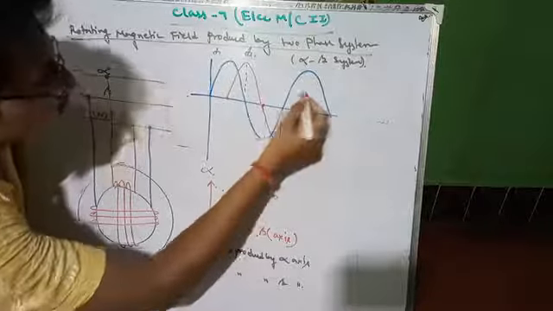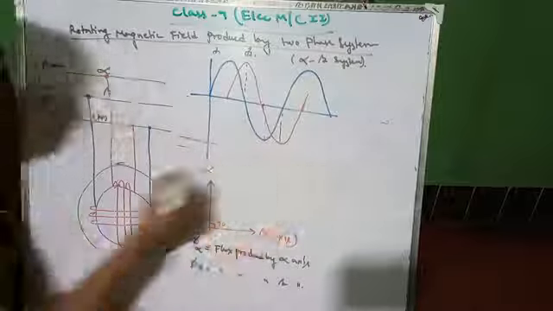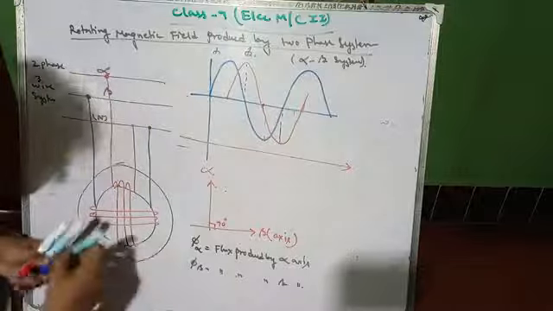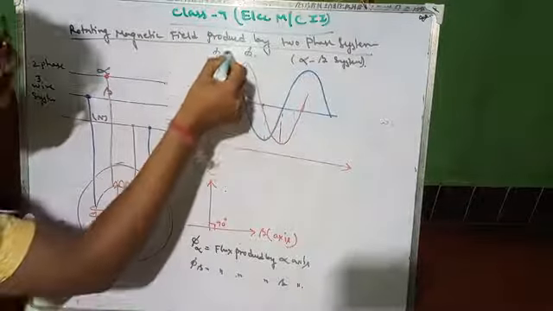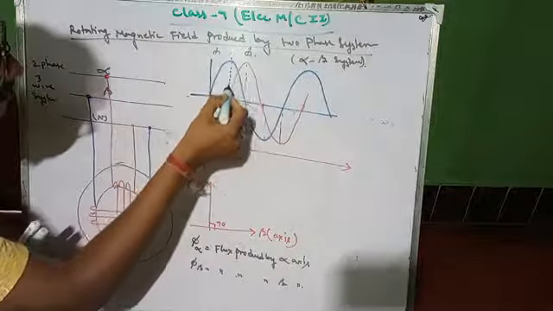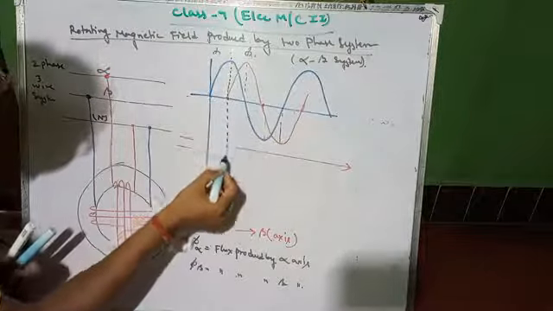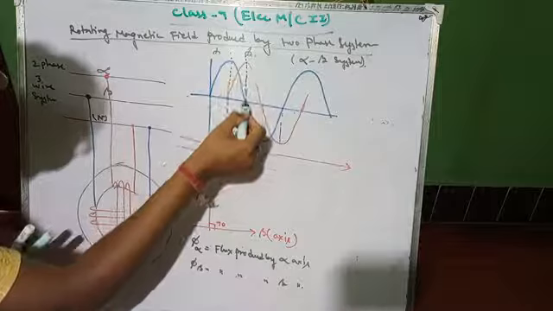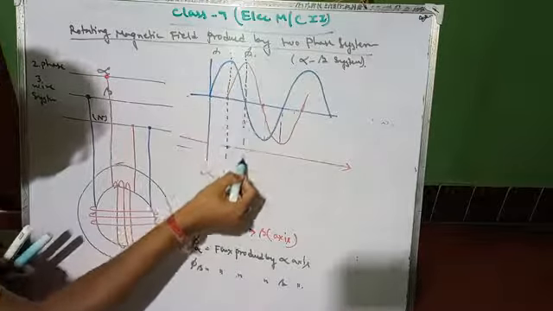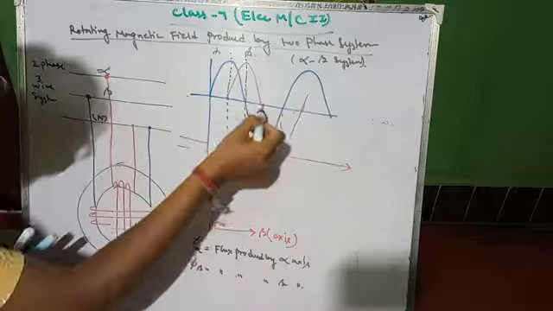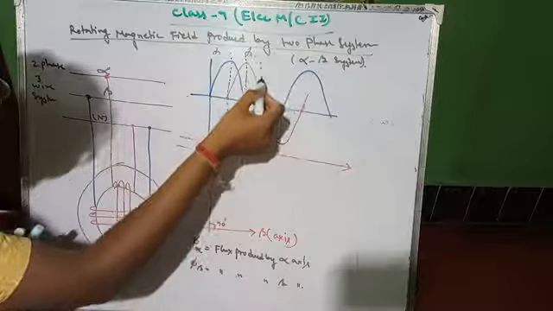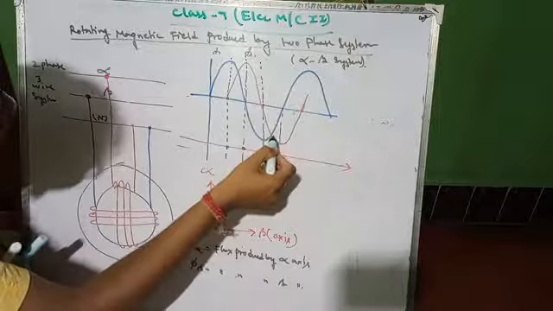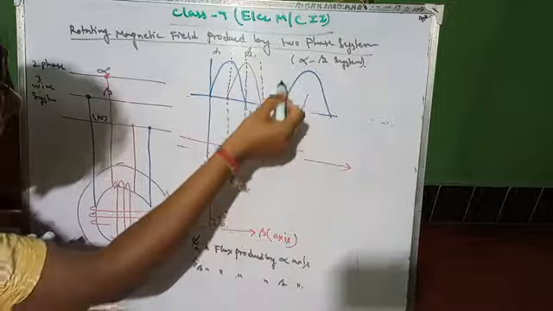Now you have to trace. How to trace it? Make a projection line over here, then again a projection line from here, then another projection line from here, and another from here.